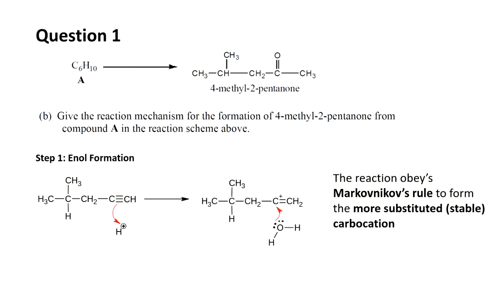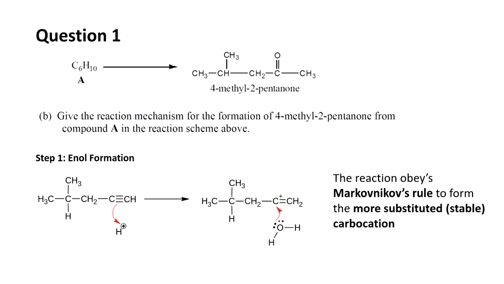The other part of the question asks to give the reaction mechanism for the formation of 4-methyl-2-pentanone from compound A. So we are going to be converting the alkyne to the ketone. So the hydration reaction, and note that the very first step is the protonation of the triple bond.